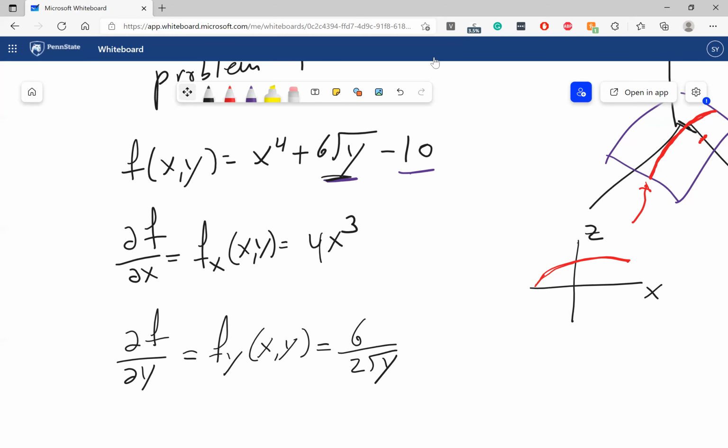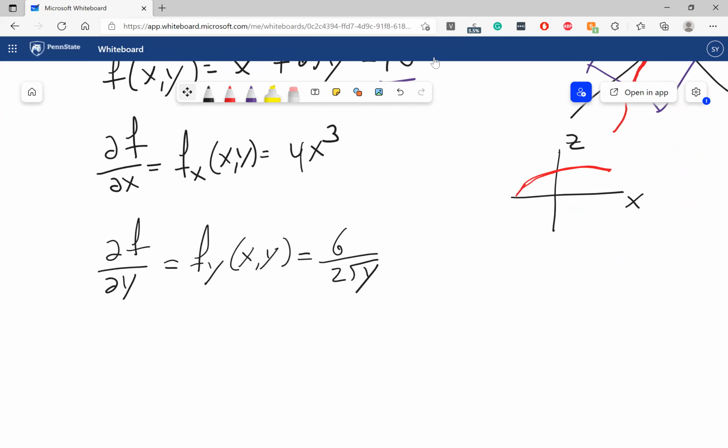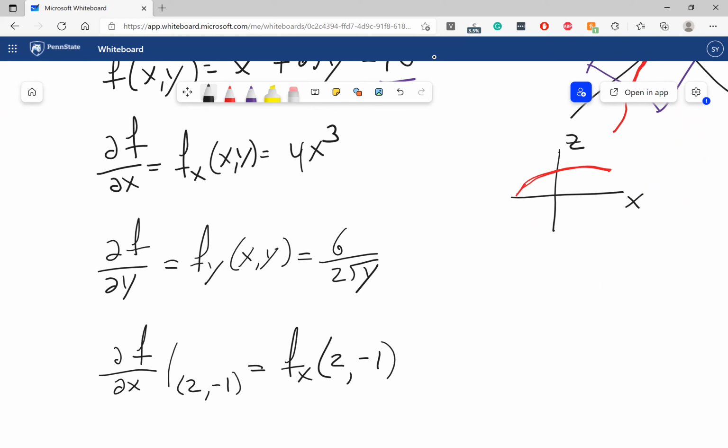So then we can ask, what is the partial of f with respect to x at some point? Let's say the point (2, -1). Well, that's the same as partial of f with respect to x at (2, -1). Same idea, different notation. And that's going to be, well, whenever we see x here, we just plug in 2. So 4 times 2 to the third power.